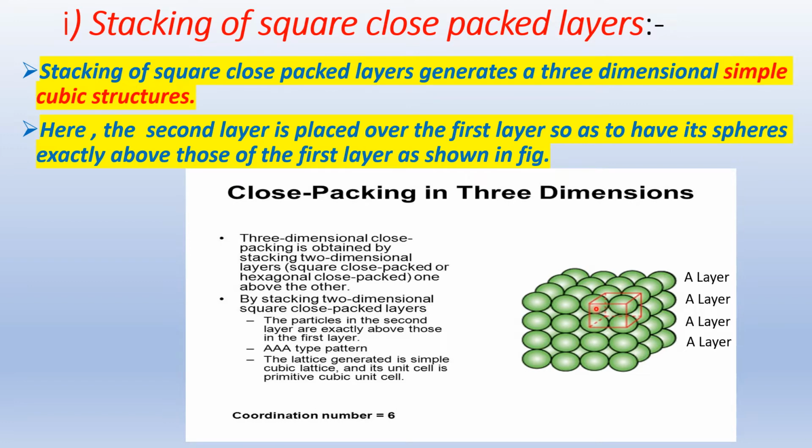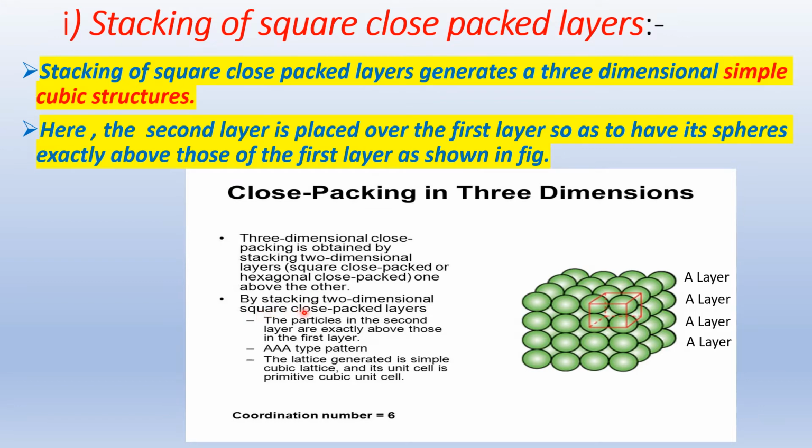These are arranged in three dimensions, one over each other. Three-dimensional close packing is obtained by stacking two-dimensional layers, that is square close packing or hexagonal close packing, one above the other.